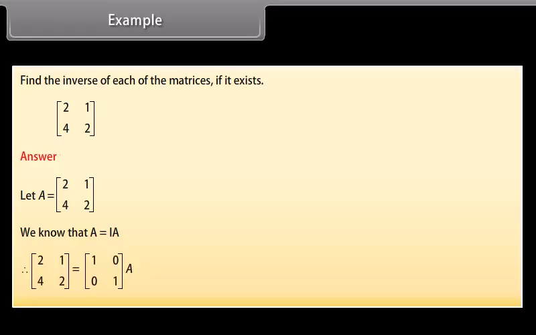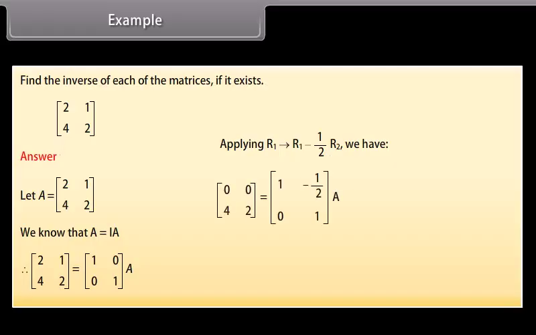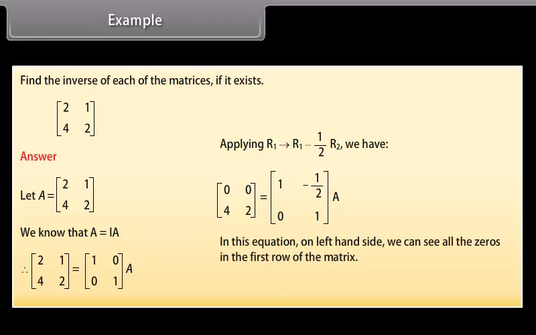Therefore, row-wise first row 2, 1, second row 4, 2 is equal to row-wise first row 1, 0, second row 0, 1 into A. Applying R1 changes to R1 minus 1 by 2 of R2, we have matrix row-wise first row 0, 0, second row 4, 2 is equal to row-wise first row 1, minus 1 by 2, second row 0, 1 into A. In this equation, on the left-hand side, we can see all zeros in the first row of the matrix. Therefore, A inverse does not exist.